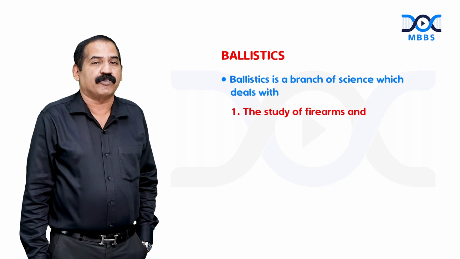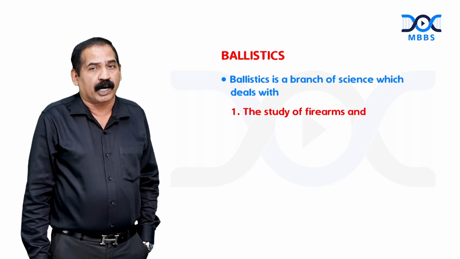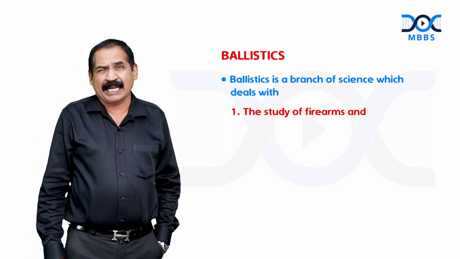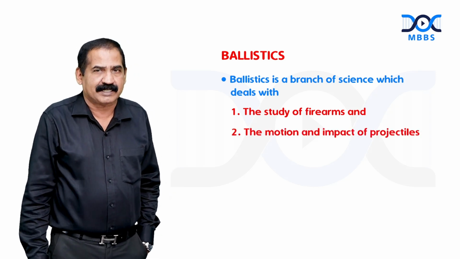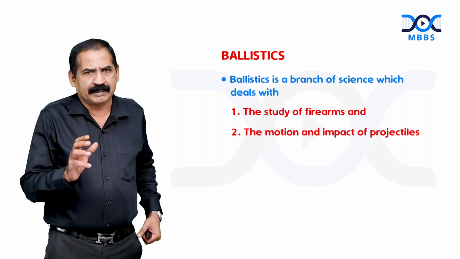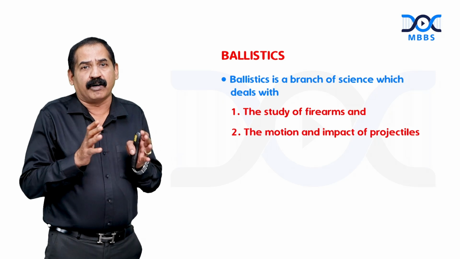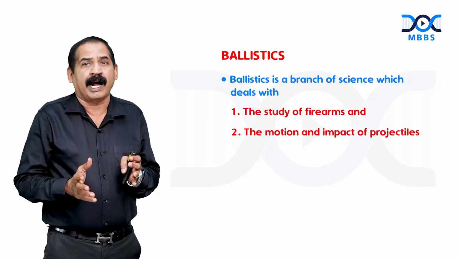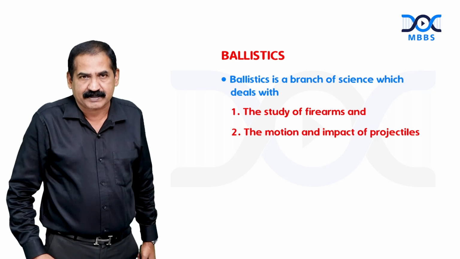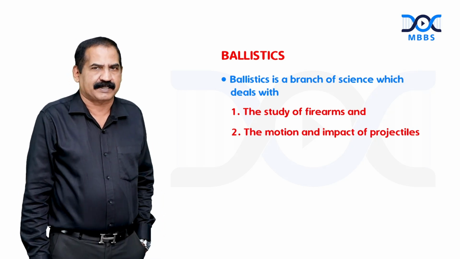Not only the study of firearms, but also the motion and impact of projectiles. Briefly telling, ballistics includes the study of firearms and the motion and its effect of the projectiles. You understood? That is ballistics.